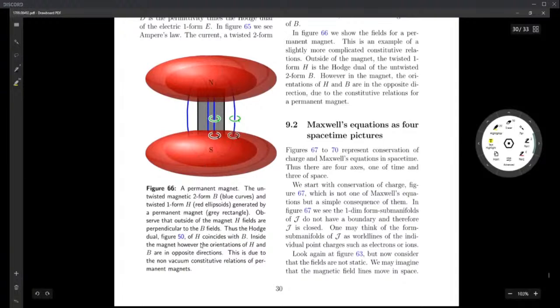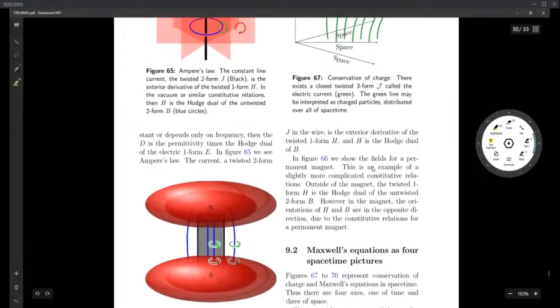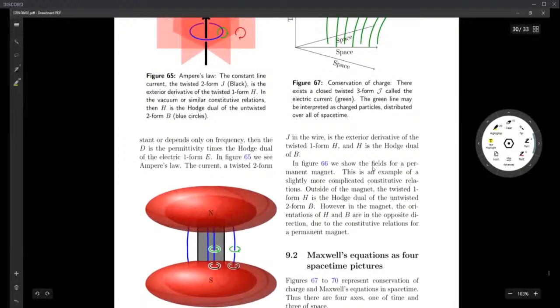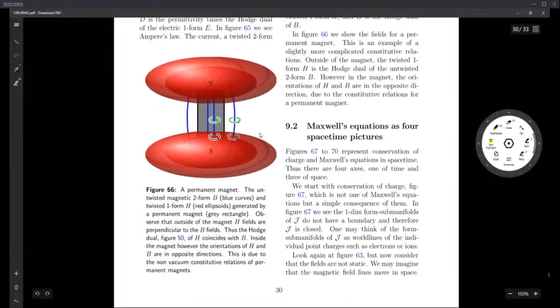Thus, obviously, you can then say that these field lines intersect with this. And this is again due to a really weird phenomenon that happens in a permanent magnet, where the closer you approach the poles, the weirder your field lines get.